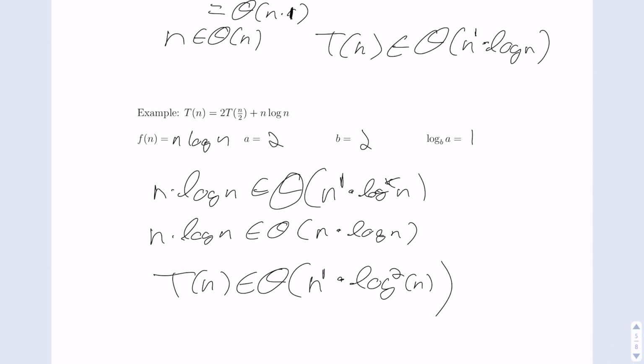You wouldn't be able to use the master method then, because you would have a log n inside your recurrence, and that's not of the form. So if you're already in the form of the master method, use the master method. That should be the first thing you check. If you're not in the form of the master method, then you need to start thinking about substitution, that kind of thing.